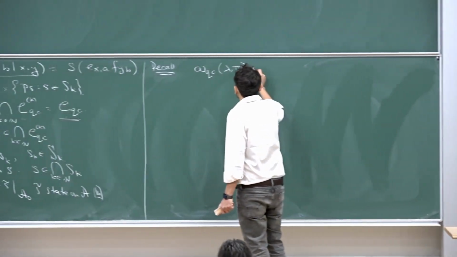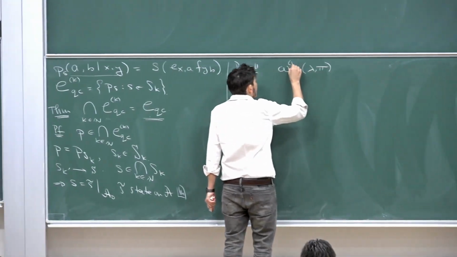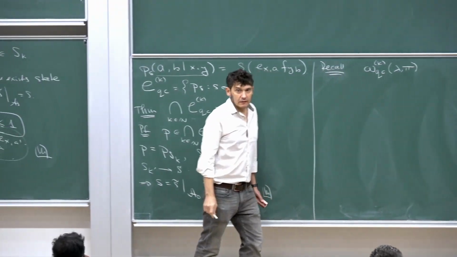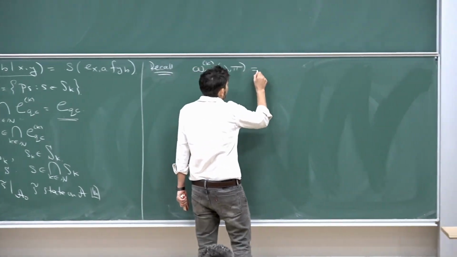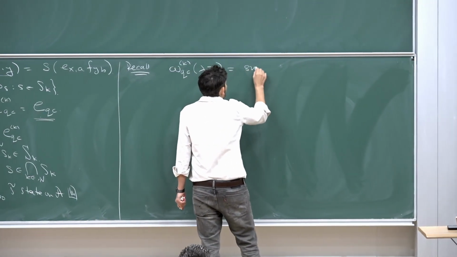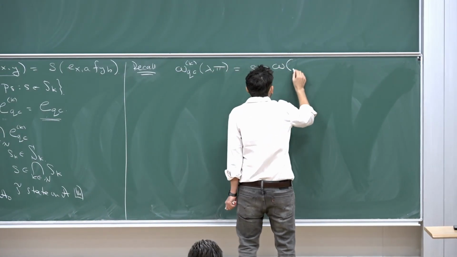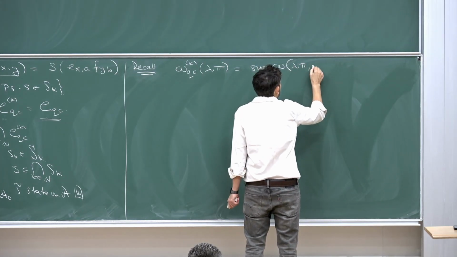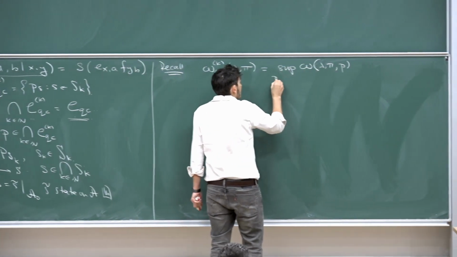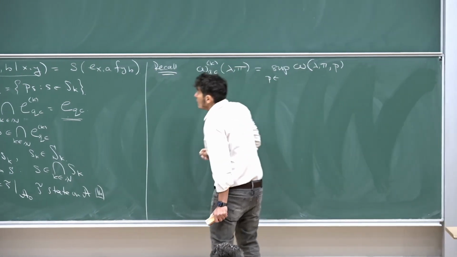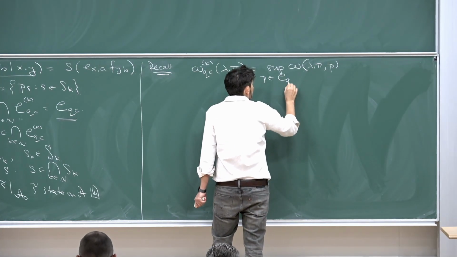Now in that case I can define k versions of this. And the k versions will be the same thing as before, the supremum of omega of lambda comma pi comma little p, where little p belongs to C_QC^k.